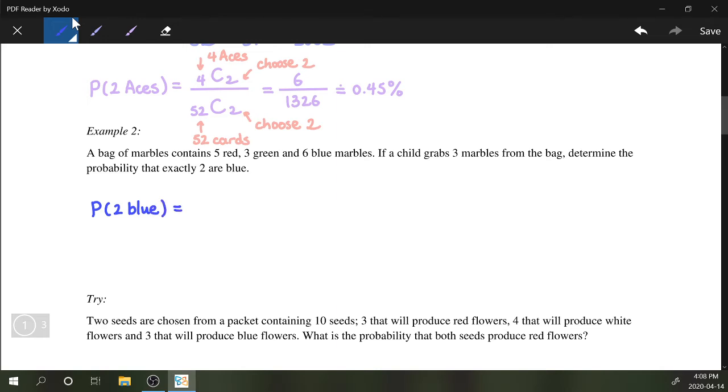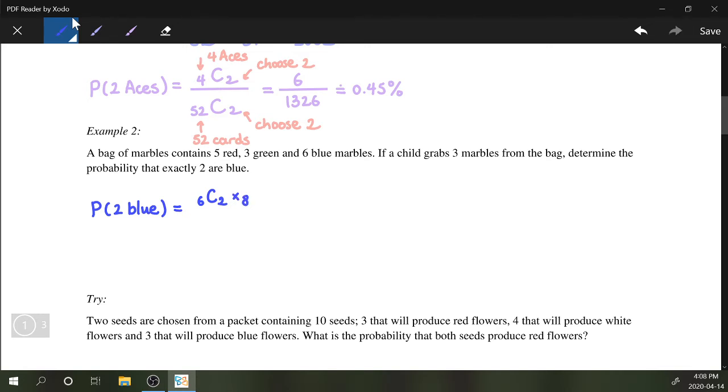Now there are 6 blue marbles and we need to choose 2 of them. So we can do that. And then we have one more marble that we must choose, but that one cannot be blue. So we actually have 5 red ones and 3 green ones. So that's 8 not blue marbles we can choose from.